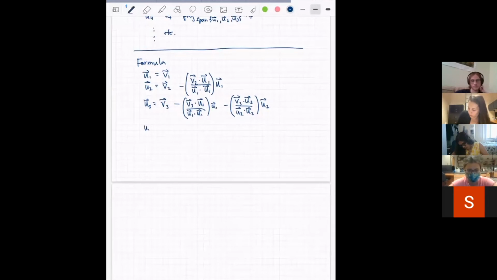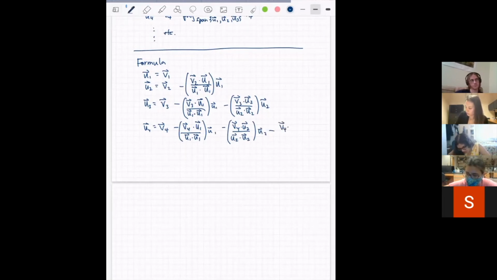So we'll do one more. So for V4, we start with V4 and then we subtract off the projection onto U1 and the projection onto U2. And the projection onto U3.